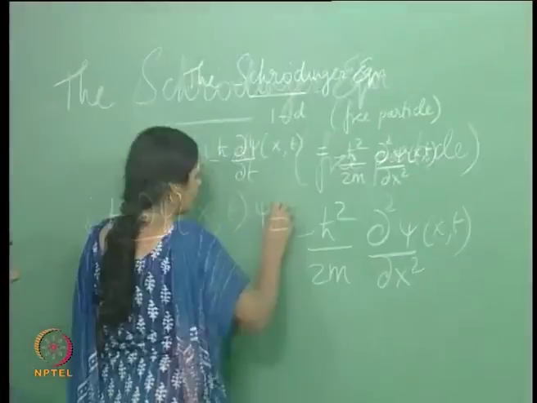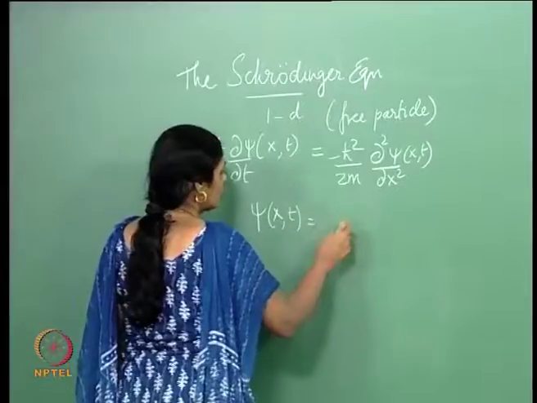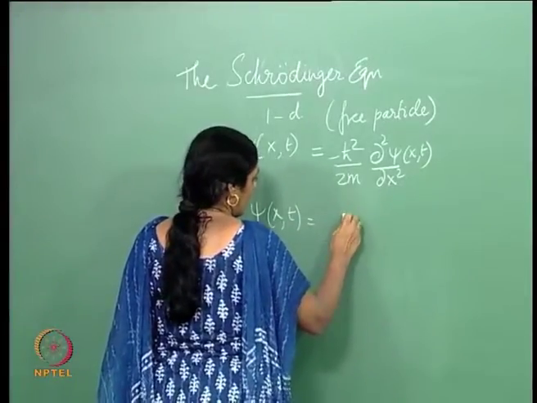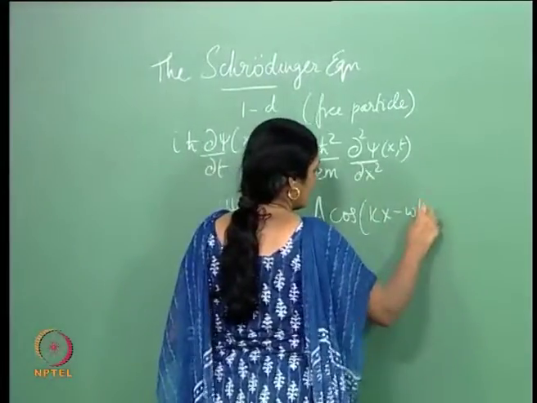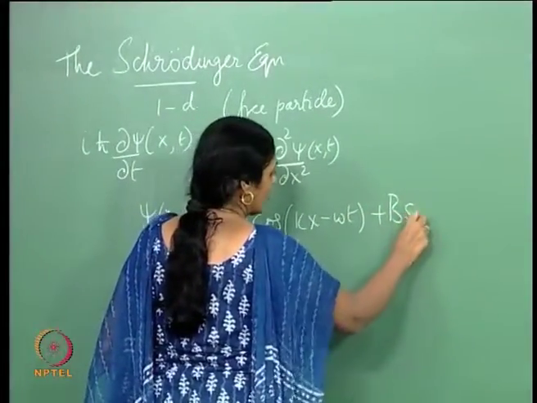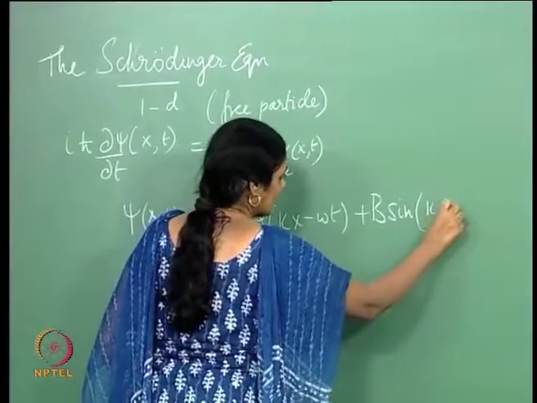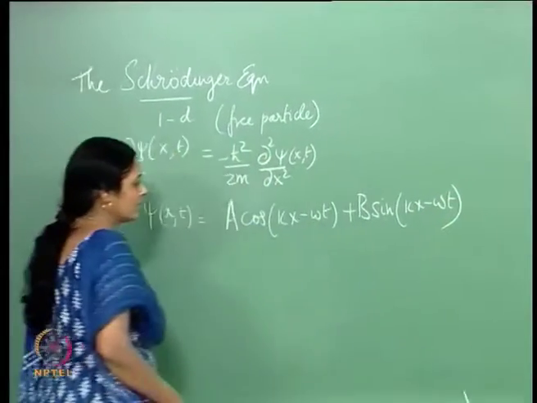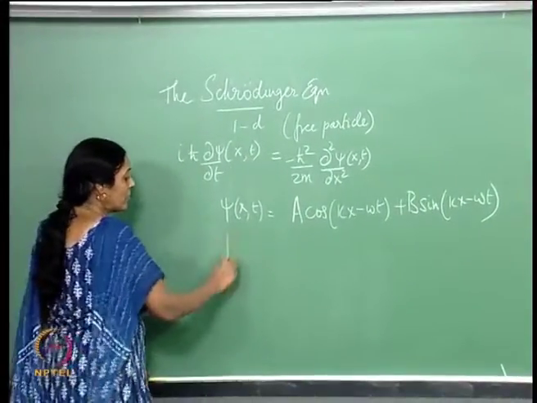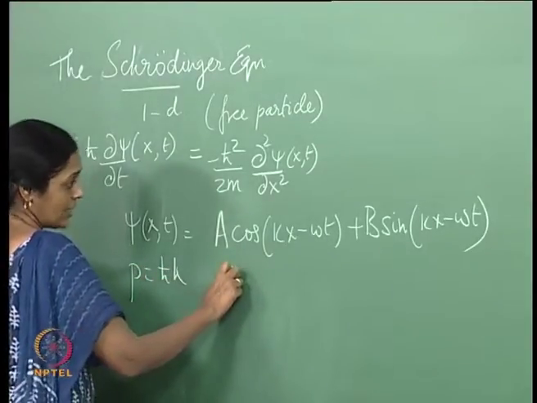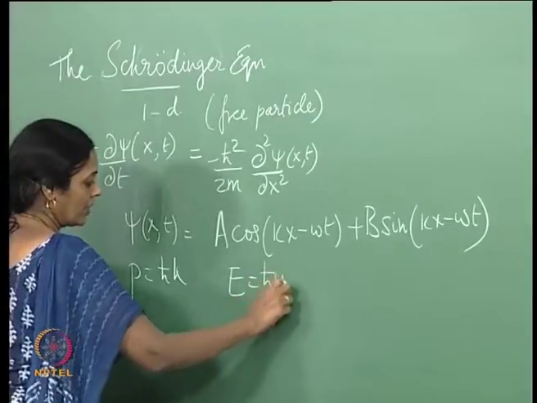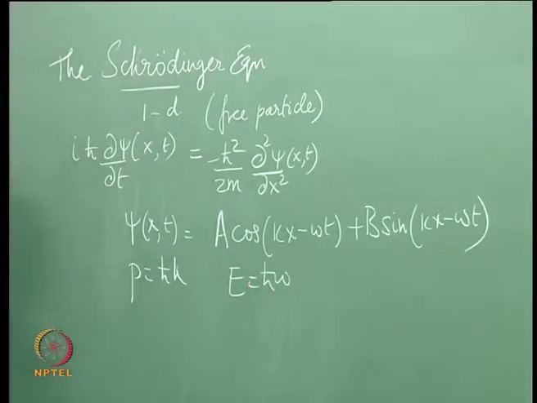So, psi of x, t was of the form a cos(kx minus omega t) plus b sin(kx minus omega t), where the momentum p was h cross k. There was an energy E of the particle given by h cross omega.